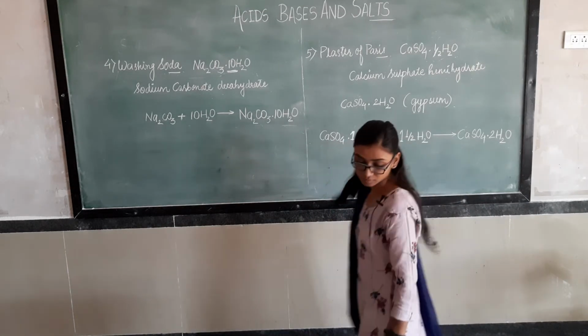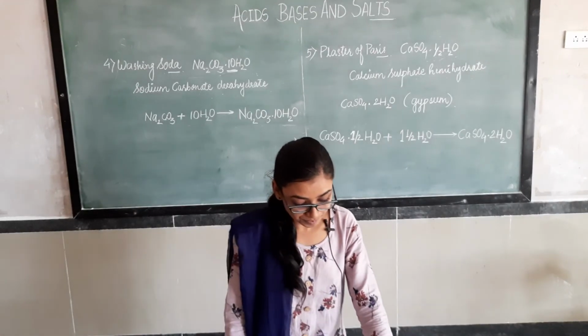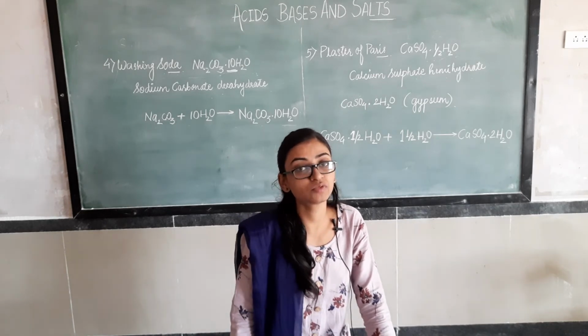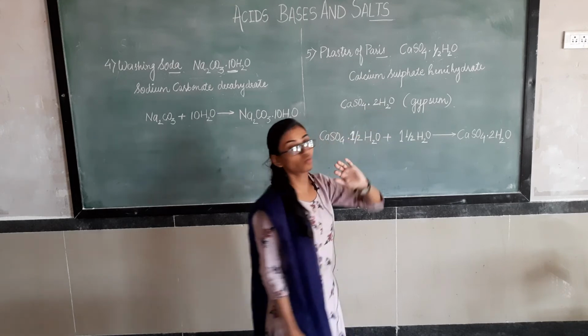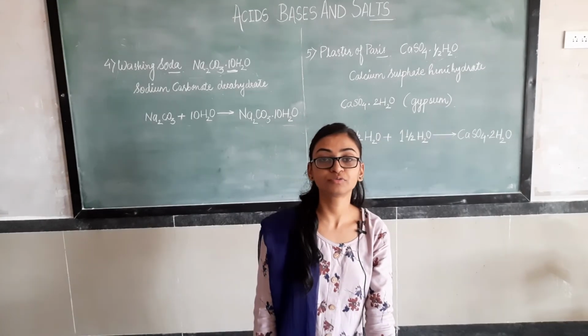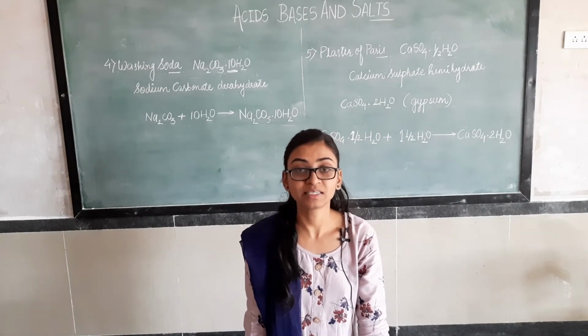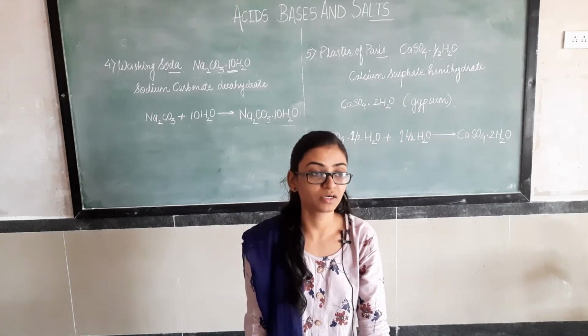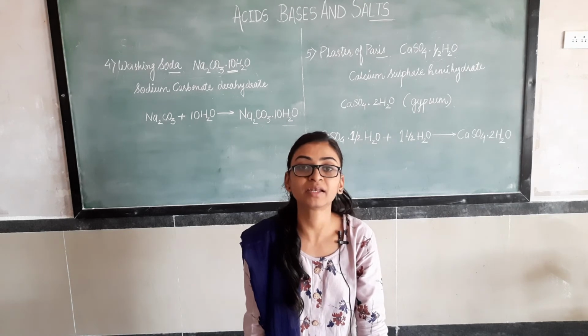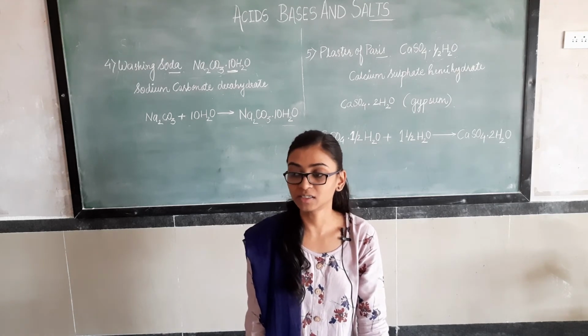When gypsum is what? Gypsum is CaSO4 dot 2H2O. CaSO4.2H2O is known as gypsum. Gypsum is used in the manufacturing of cement and many other substances.